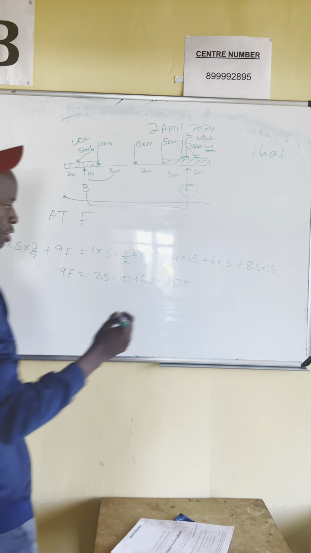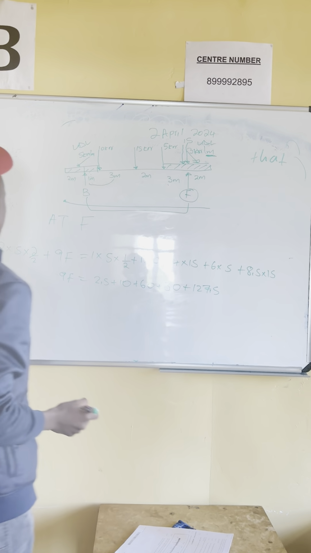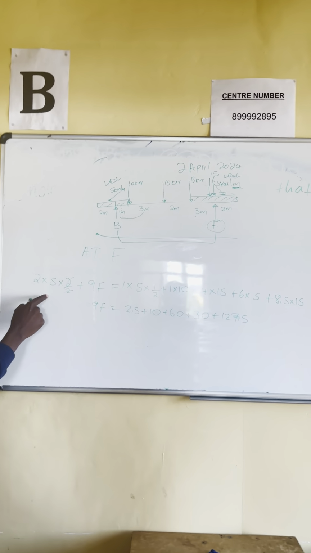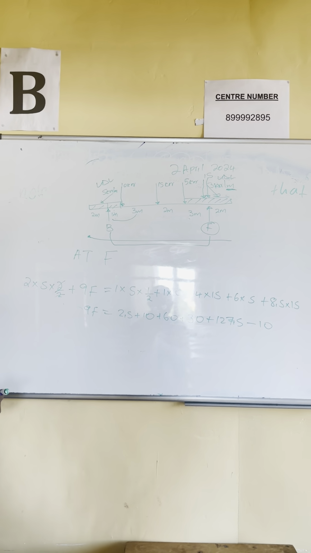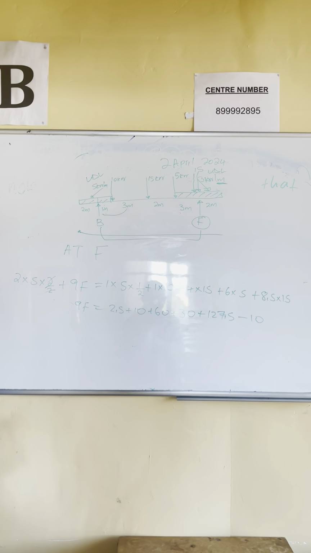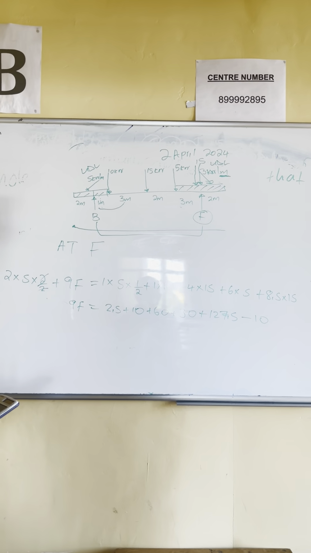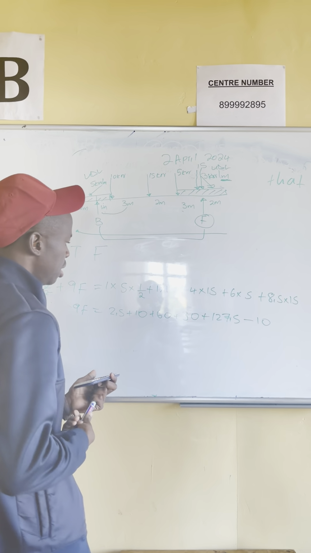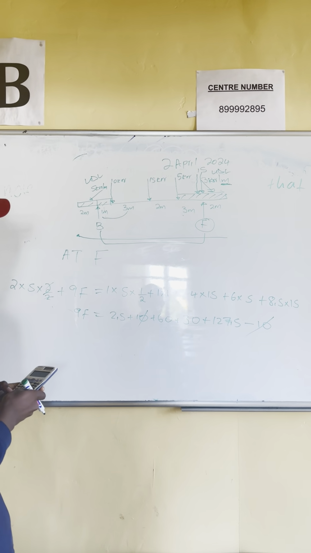It's 127.5. Now we'll say, oh, this one will cancel this one. So 10, you take it to the other side, it changes the sign. Now, if we add this 127 plus this, plus 30 plus 60, and then this 10 will cancel with this one, okay, plus 2.5.